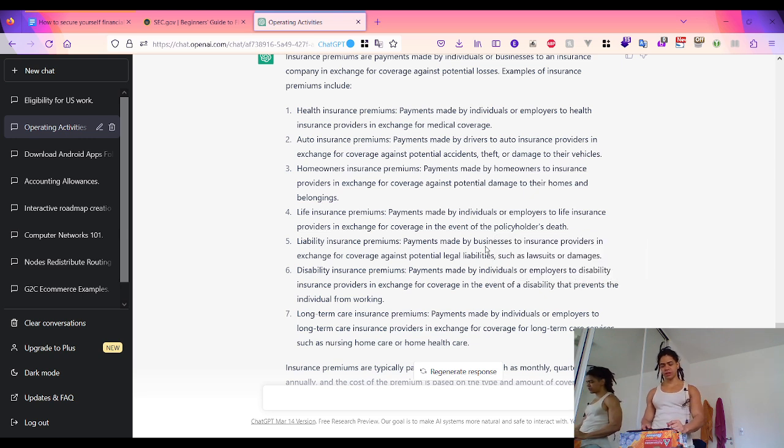That's right. Okay, so policyholder, or asegurado in Spanish. That's great, by the way.